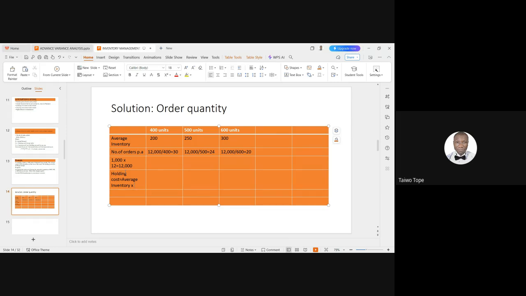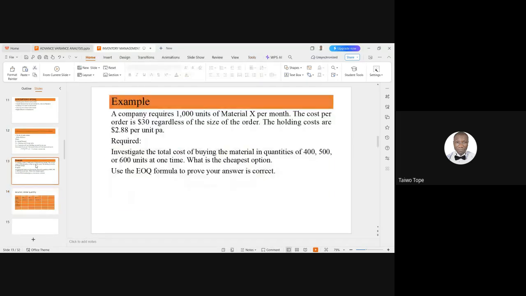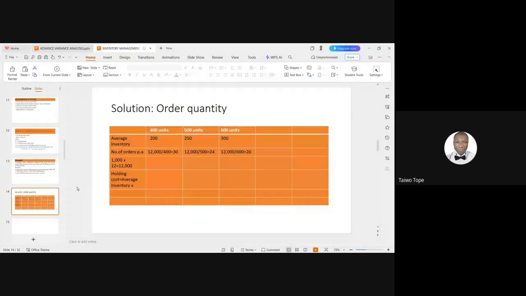The holding cost in the question, 2.88. So when it is 400 units, your average inventory is 200. 200 multiplied by your holding cost, which is 2.88. You're going to have 576.